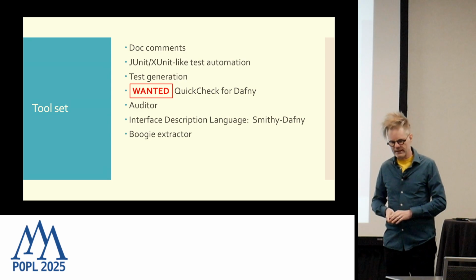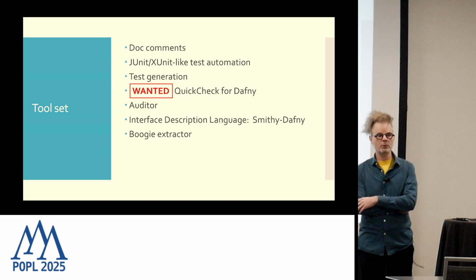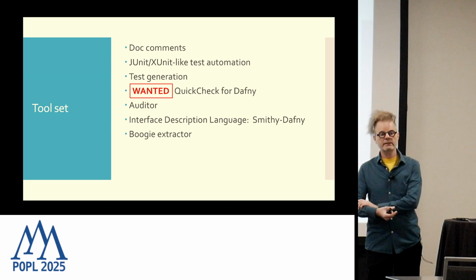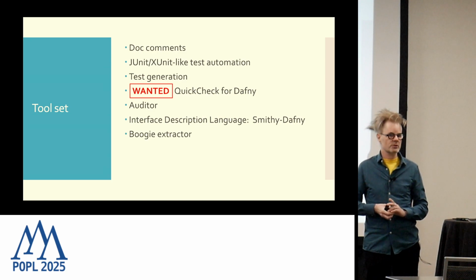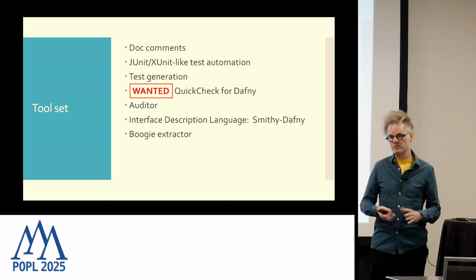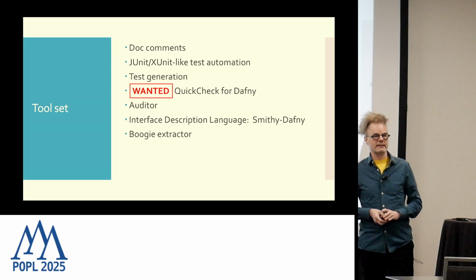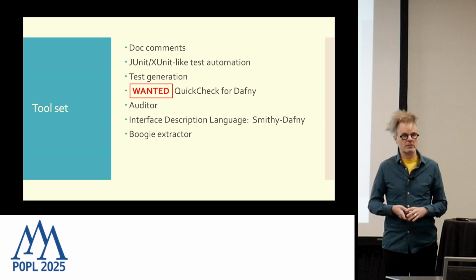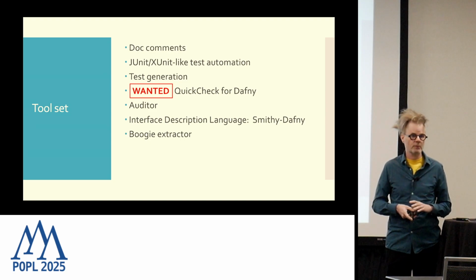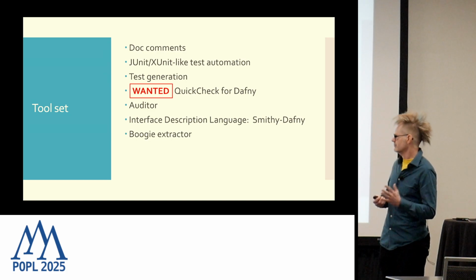Another feature that perhaps should have been there a long time ago is what I'm calling here a Boogie extractor. In the implementation of Dafny itself, there are a number of axioms that have been handwritten, and these axioms axiomatize things like sets and sequences in the language. And when you have those, there could be errors. Indeed, there was one problem with the axioms for multisets that someone detected a couple of years ago.